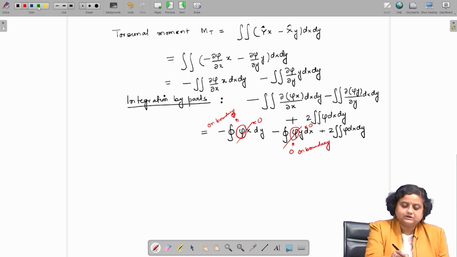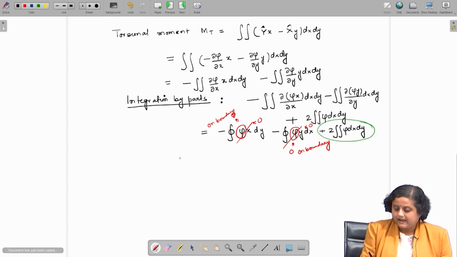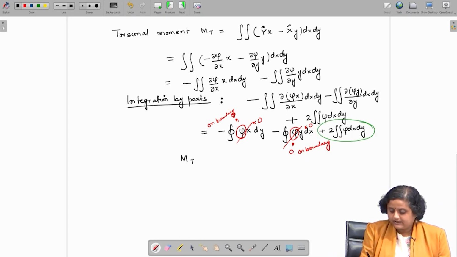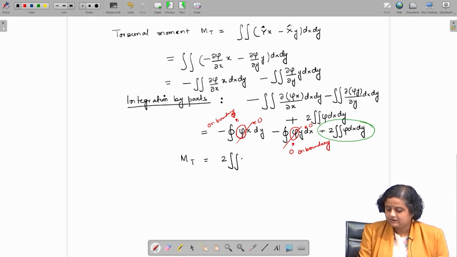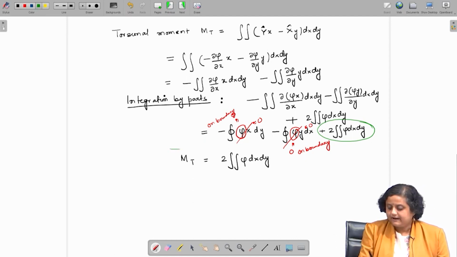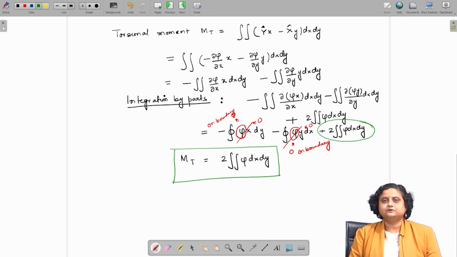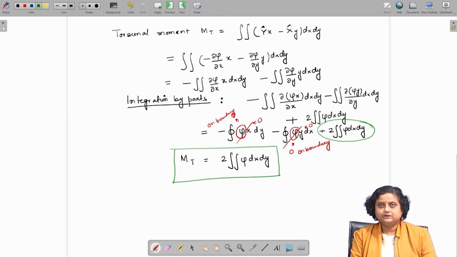Therefore, we are just left with this expression. Therefore, Mt, or the torque applied, can be written in terms of the stress function as the double integral of phi dx dy. Therefore, if I can find a Prandtl stress function phi, we can obtain the shear stresses tau x and tau y.